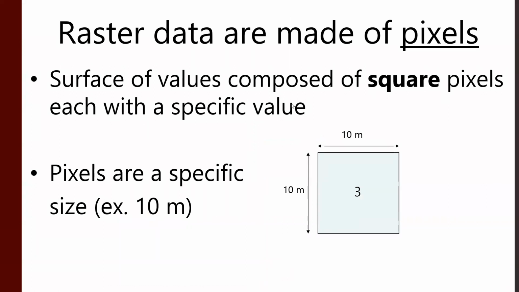Each pixel within raster data has its own size then. So pixel sizes are consistent. Every pixel is the same size within its grid. And those sizes then allow us to very easily calculate area. It's a lot harder to calculate area with vector.